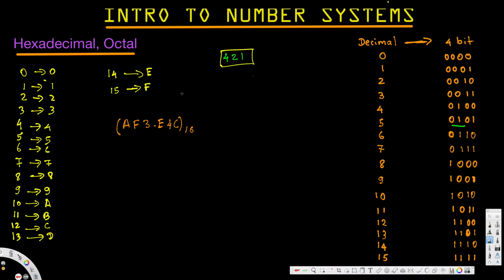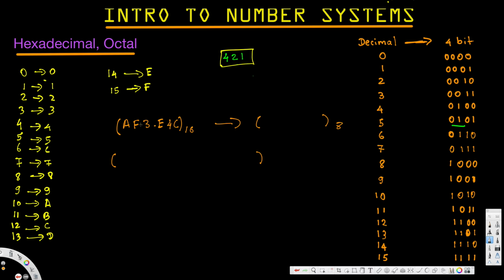In order to convert this, octal is base 8. The best way is to first convert this one into binary, and after that we can convert it into octal. Binary is easy, as we have seen before.